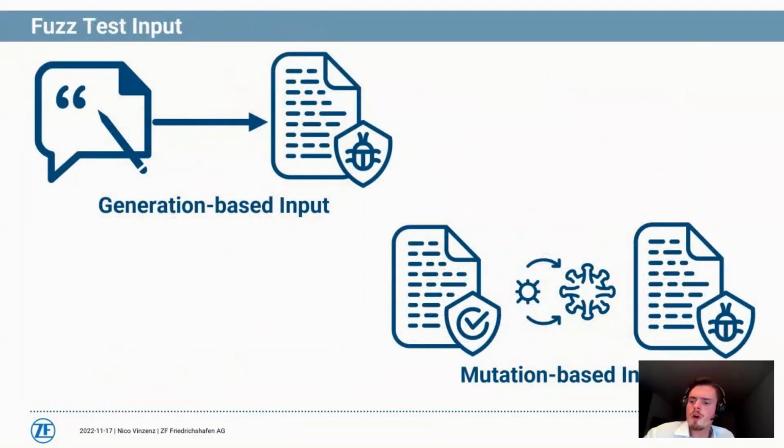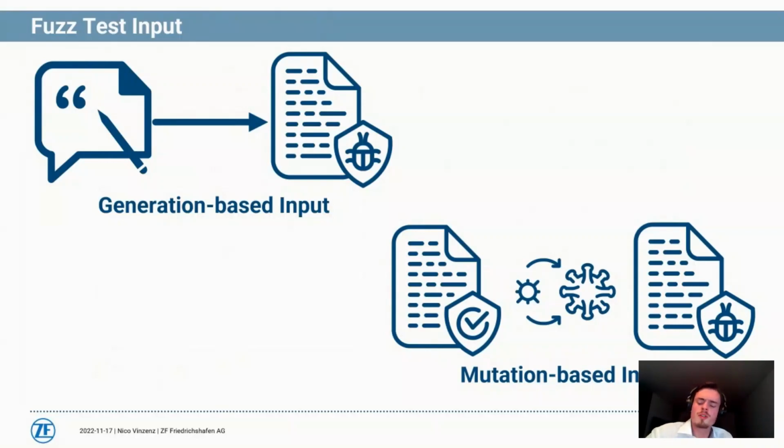We also have different kinds of test rigor for the fuzz test input. There are two approaches. One is generation-based input, where in the least rigorous case we would just supply some pseudo-randomly generated input, with the downside that it wouldn't penetrate very far into the system.